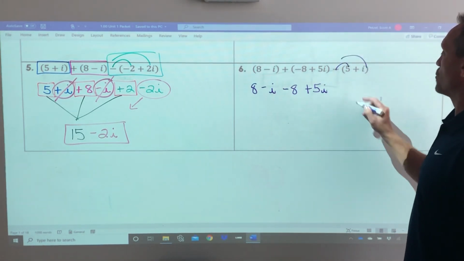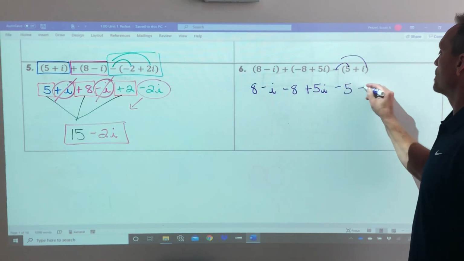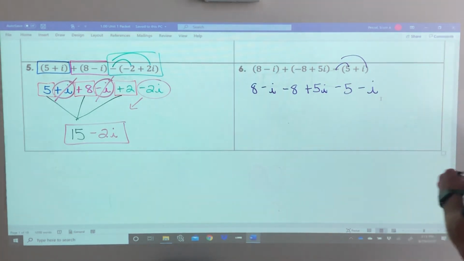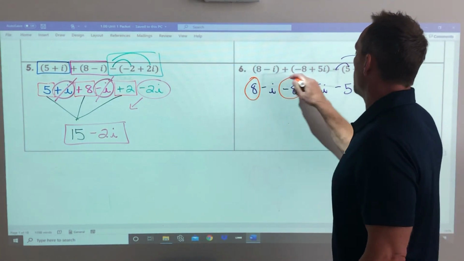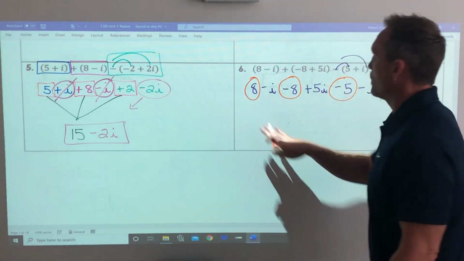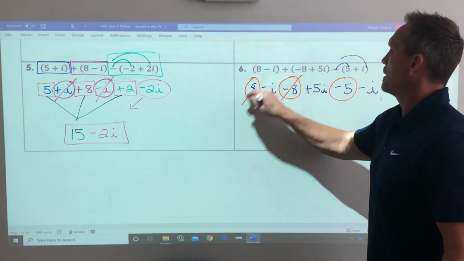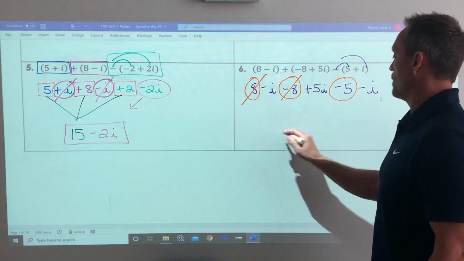Negative that gets to be distributed and written out accordingly. Well, if we look at this, 8, negative 8, negative 5, well, 8 minus 8 cancel each other, so you have negative 5.